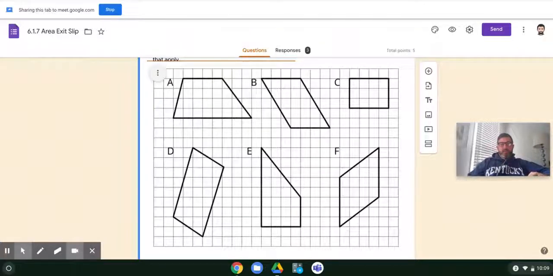No, that's right. F, that is correct. So I wish I could draw the line on here, but if on B, C, D, and F, if we were to draw a line from one point to the opposite corner, we would be able to get two identical triangles.